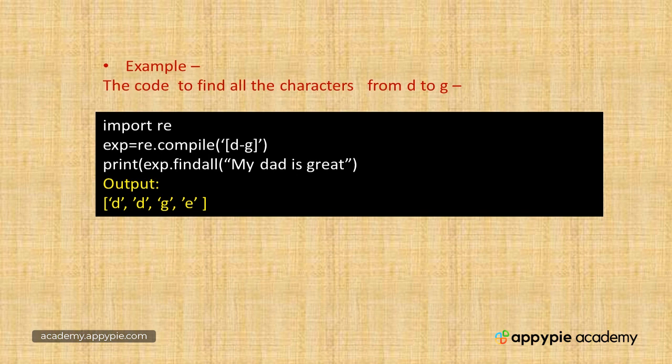So this is how we can use regular expressions. I have shown these coding examples in the presentation, but in the next lecture I am going to show you in PyCharm and I will be executing them.